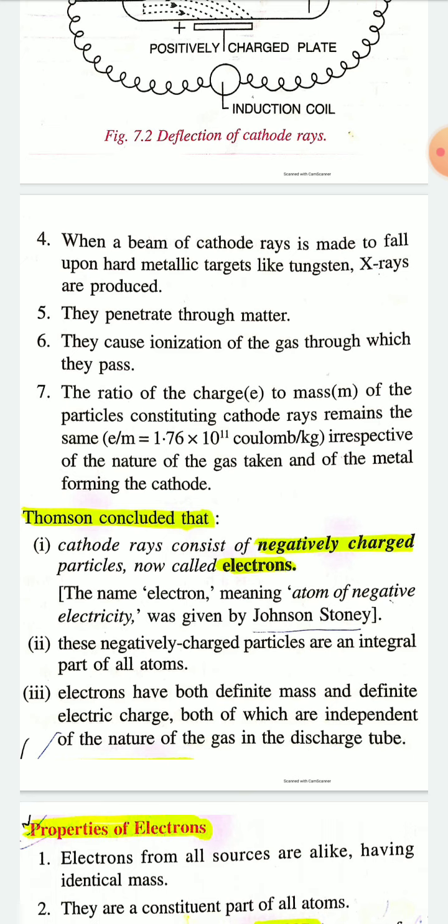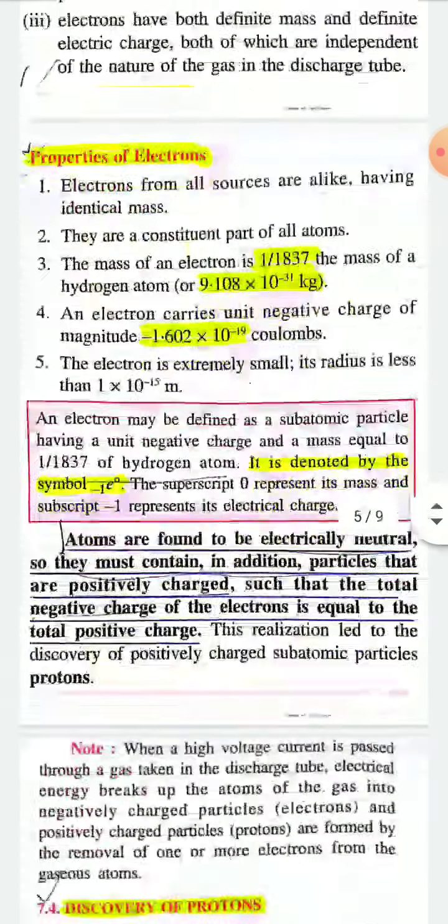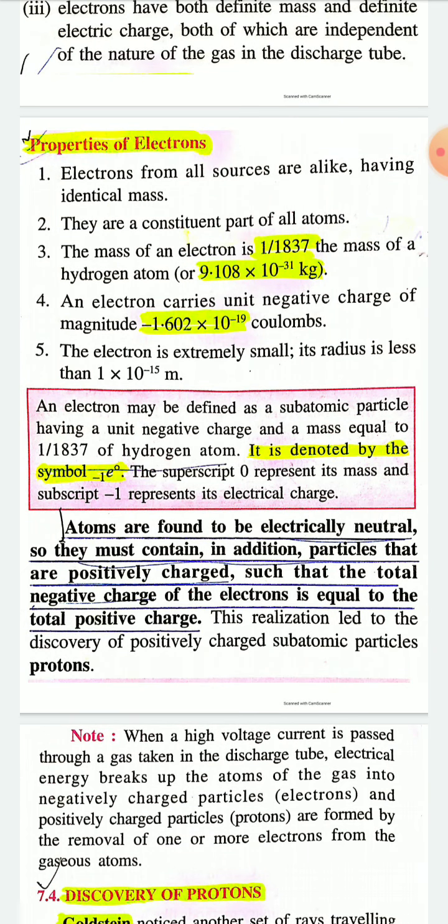These negatively charged particles, called electrons, are an integral part of all atoms. Electrons have both definite mass and definite electric charge, both of which are independent of the nature of the gas in the discharge tube.